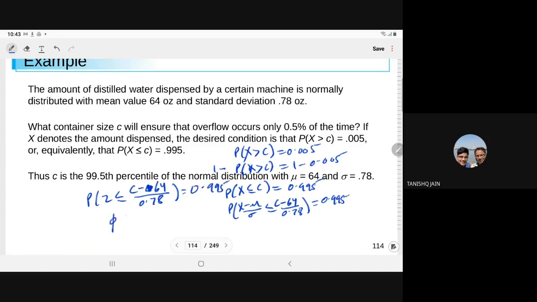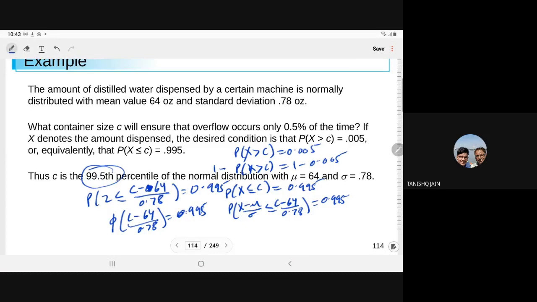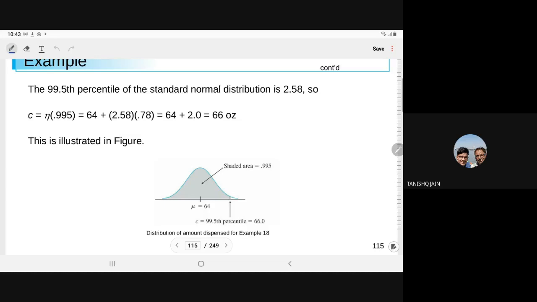So phi of C minus 64 upon 0.78 equals 0.995, and now we have to see its value. The 0.995 value means it is the 99.5th percentile. When we look up its value, it comes to 2.58.